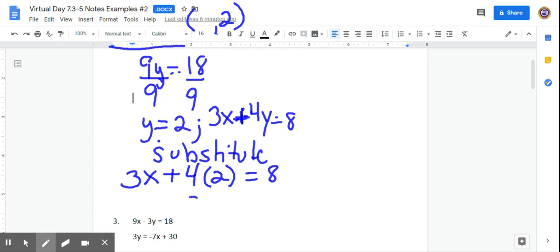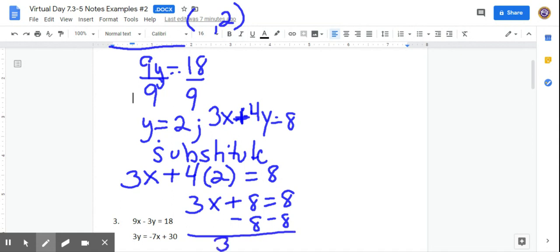So we get 3x plus 8 equals 8. Then we subtract 8 and we get 3x equals 0.